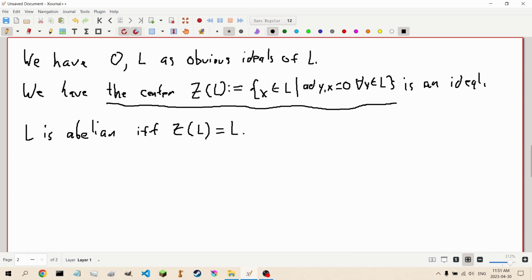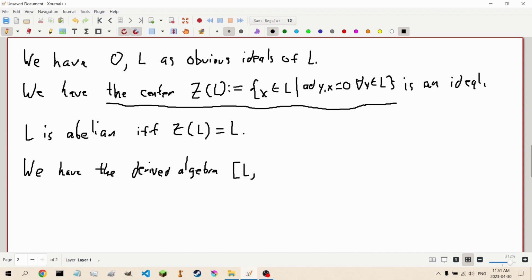We also have the derived algebra. Another one which is going to come up when we talk about series.